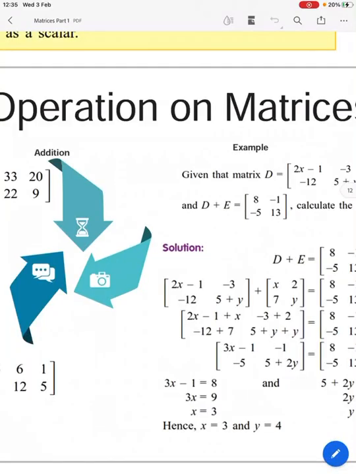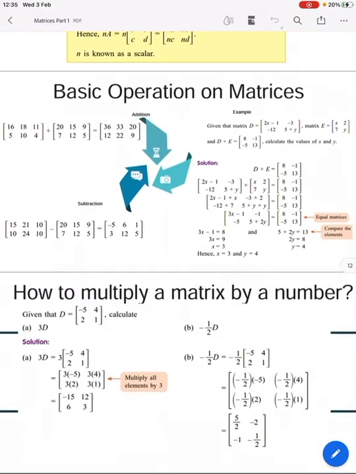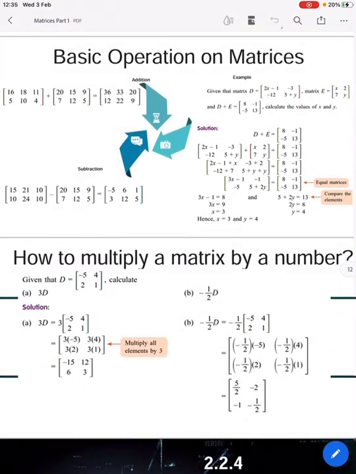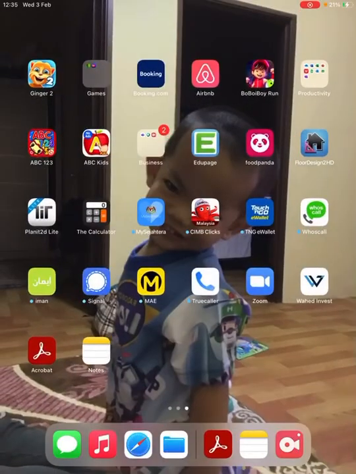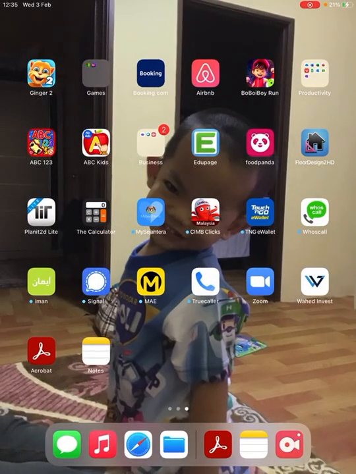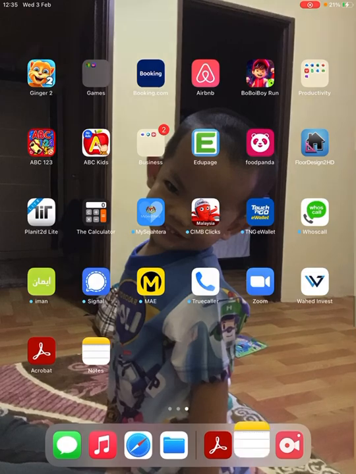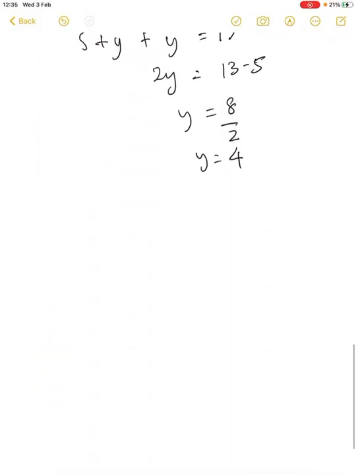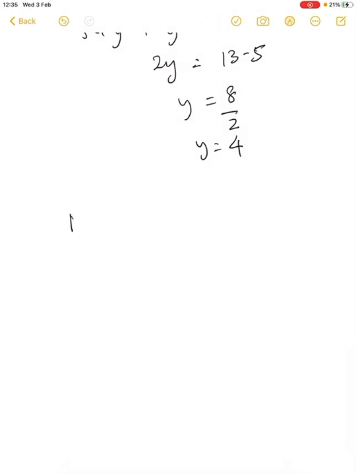we move to how to multiply a matrix by a number. Okay, again, the simple part. We love the simple part, right? Okay, matrix D is negative 5, 2, 4, 1.